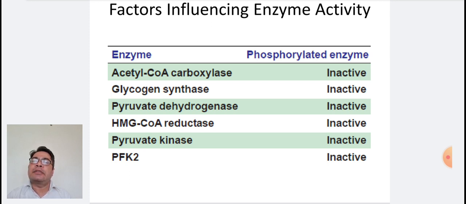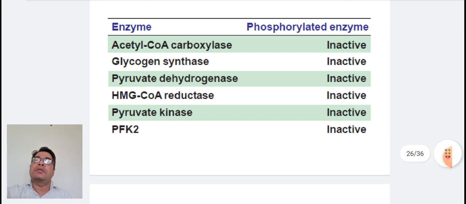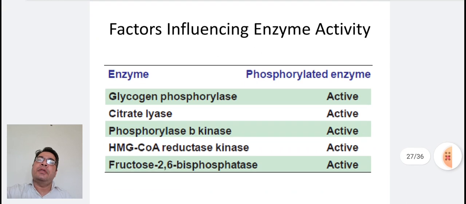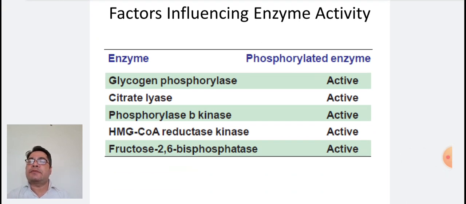On the contrary, here are certain enzymes that get activated by phosphorylation: glycogen phosphorylase, citrate lyase, phosphorylase B kinase, HMG-CoA reductase, fructose 2,6-bisphosphatase.